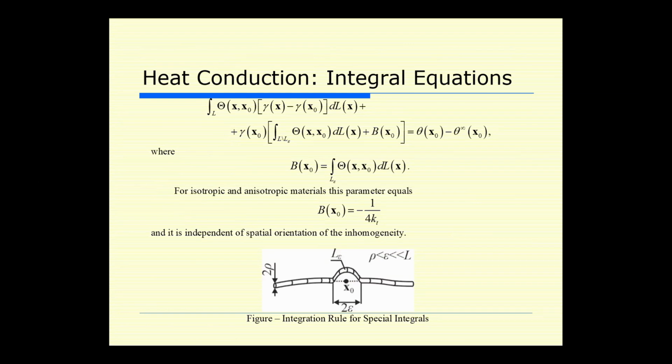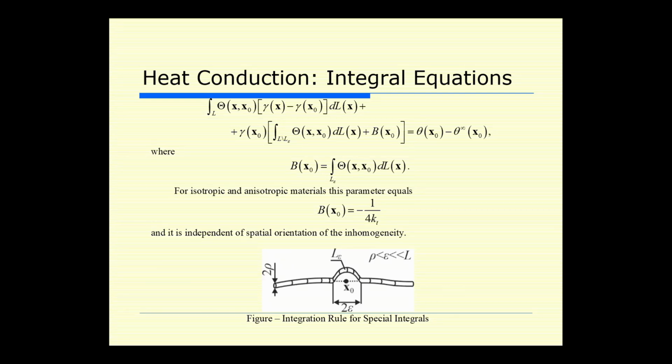Heat conduction integral equations. So from this line integral, we obtain this integral equation, and for isotropic materials, here we have b at x0, and it can be found as a line integral of theta x x0 dl of x.